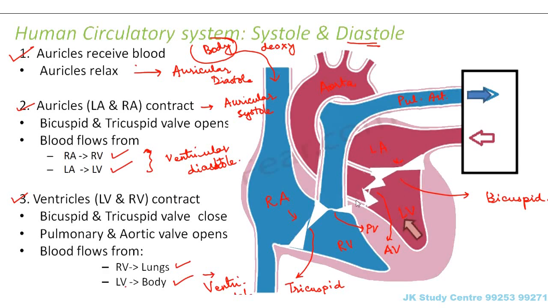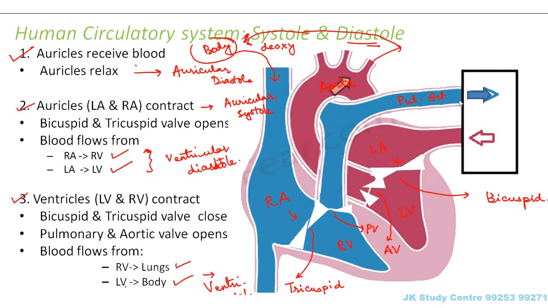And now the aortic valve opens. When the aortic valve opens, this blood flows to the aorta. So through the aorta, where does it go? It goes to the different parts of the body, because the aorta will actually take it to different body parts. So it will go back to different parts of the body.